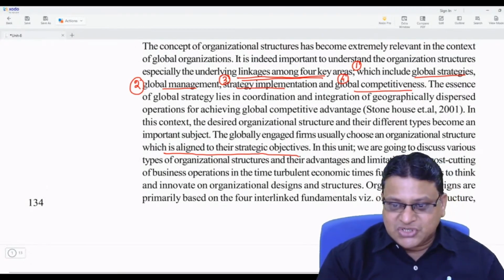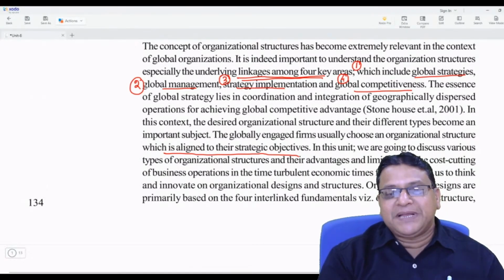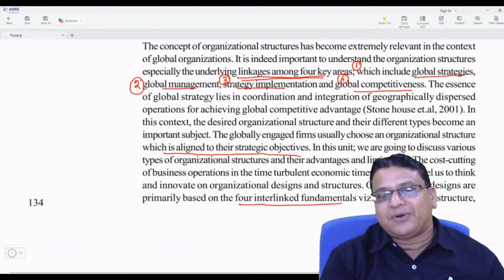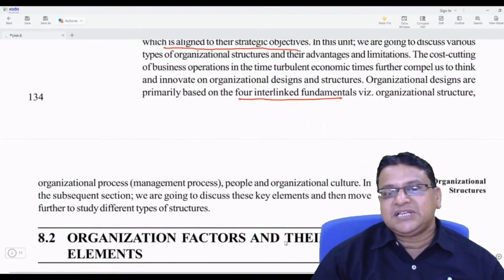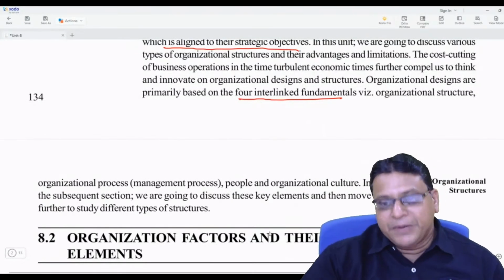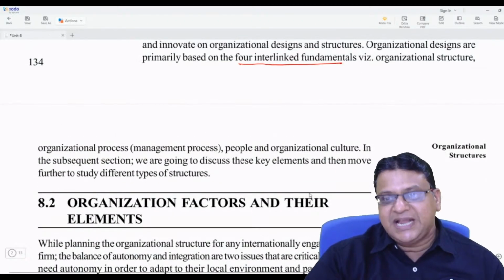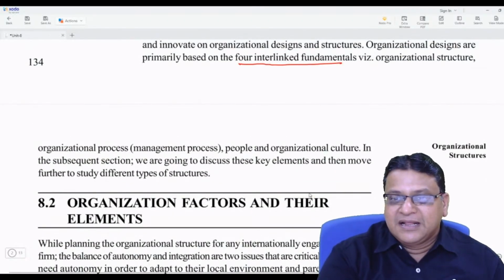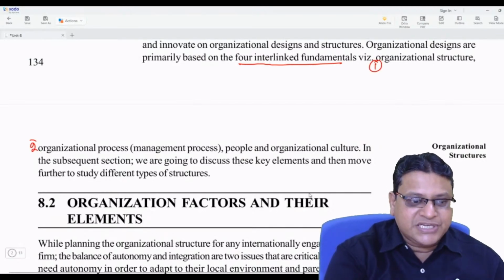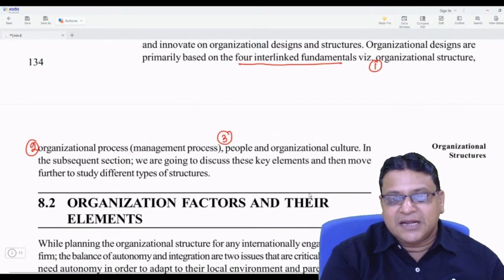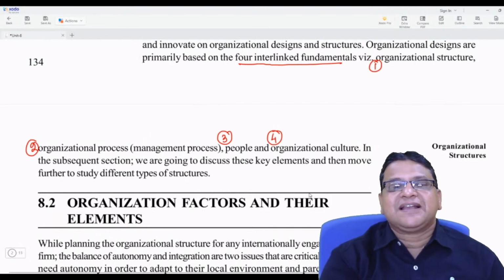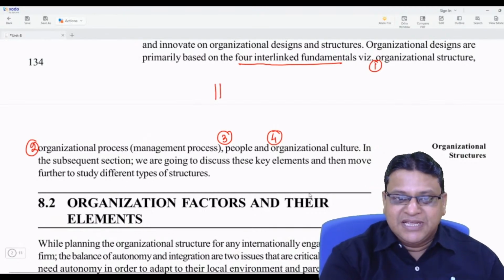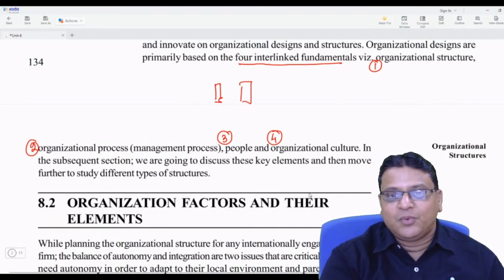So organizational structures are designed primarily based upon four interlinked fundamentals. What are these four interlinked fundamentals, the four pillars upon which an organization is designed?